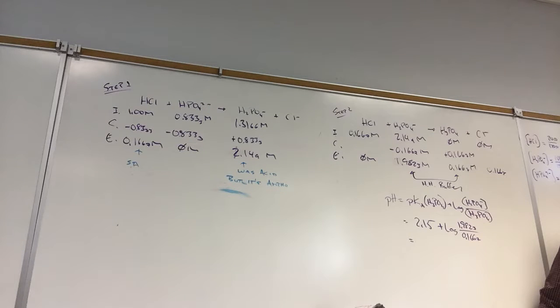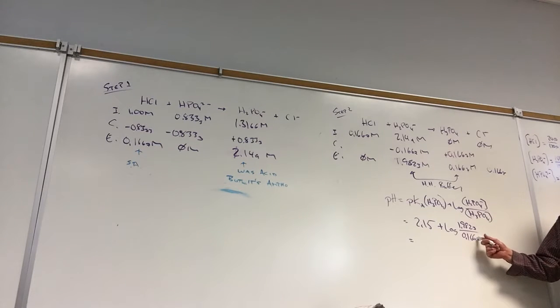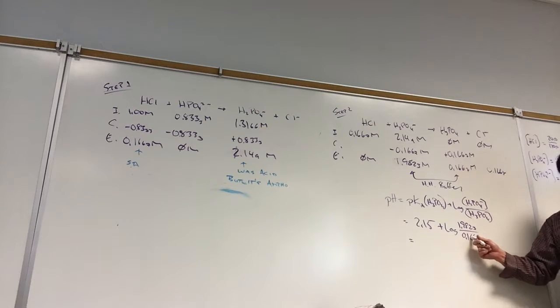But here it's fine. This isn't what you'd call a very useful buffer, because it would be more heavily biased towards neutralizing acids. We don't have much capacity to neutralize base, although this isn't bad.